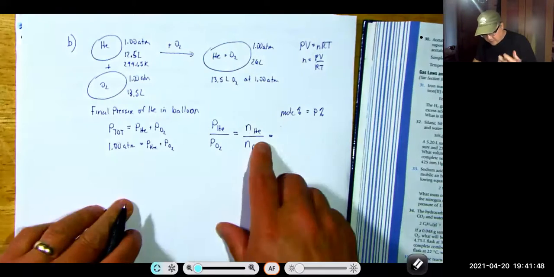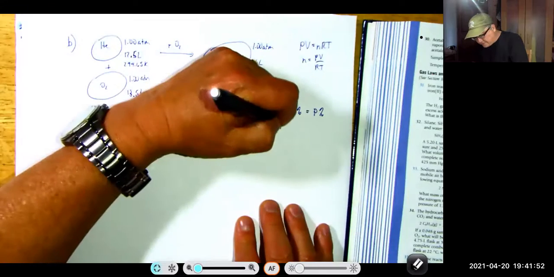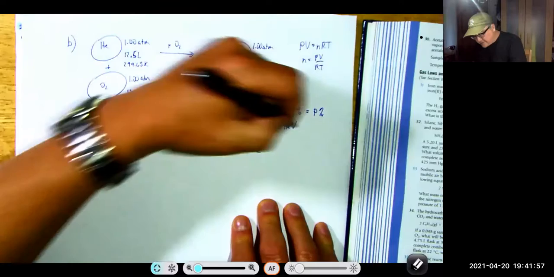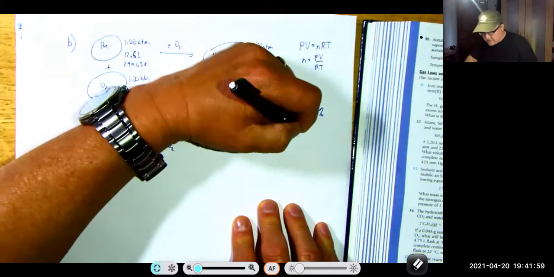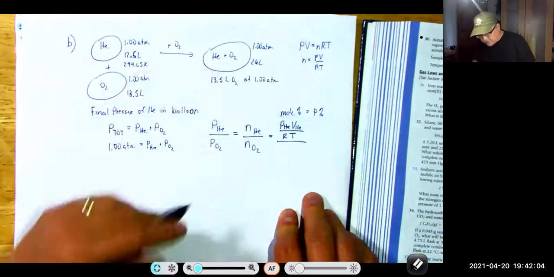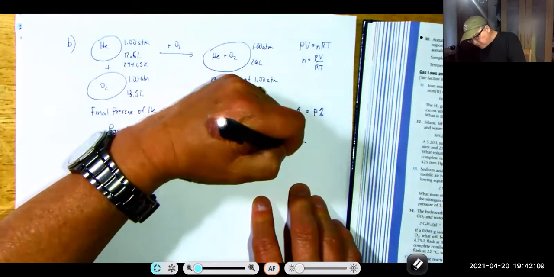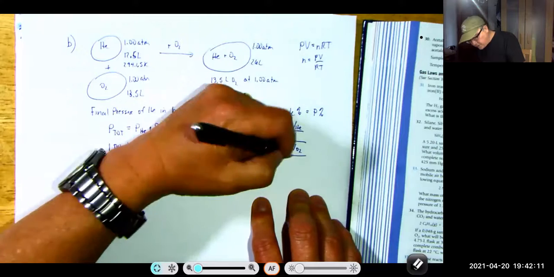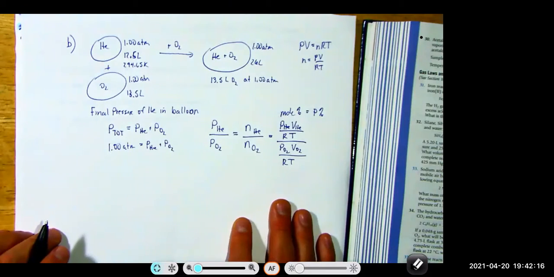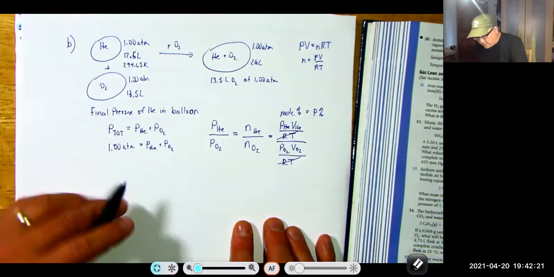So over here, we agree that the moles of helium is going to be the pressure of helium times the volume of helium over R and the temperature, and the moles of O2 are going to be the pressure of O2 times the volume of O2 over R and T. Okay, these cancel, don't they?